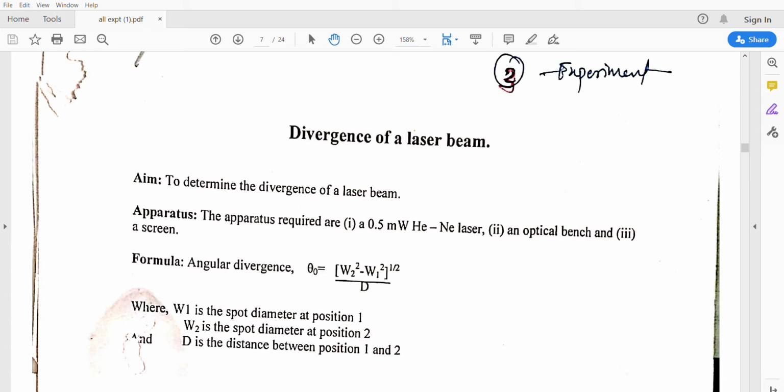There are different types of laser systems to produce laser light: ruby laser, that is a solid state laser; helium neon laser, that is a gas laser; CO2 laser, that is also a gas laser; and semiconductor laser, which uses semiconductor materials.